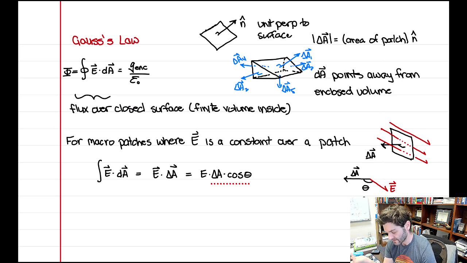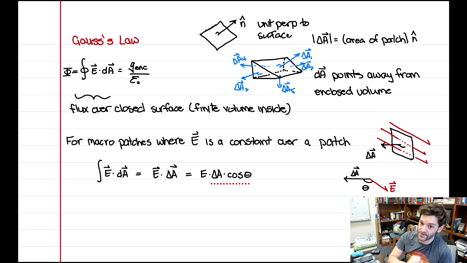And notice that Gauss's law, and this will be a goal for today, I've never stated what this surface has to be. I just say it's a flux over a closed surface. I don't say it has to be a sphere or it has to be a cylinder. The flux over any closed surface connects to the amount of charge that's within that surface.